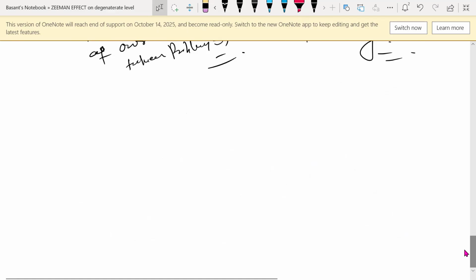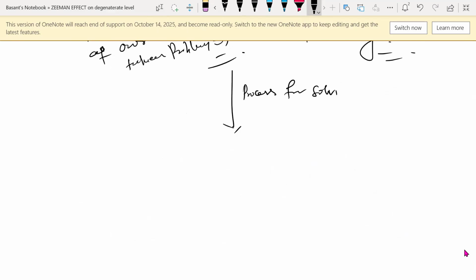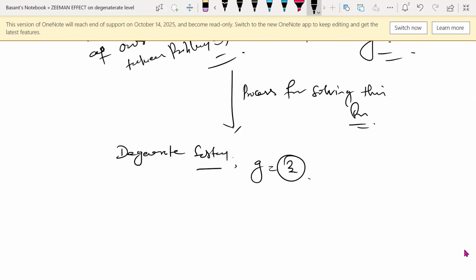Now, what is the process for solving this question? For any degenerate system, for example, if the degeneracy is 3, let's say the wave functions are psi1, psi2 and psi3.